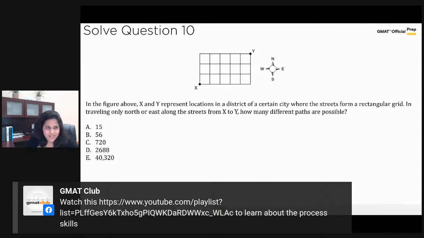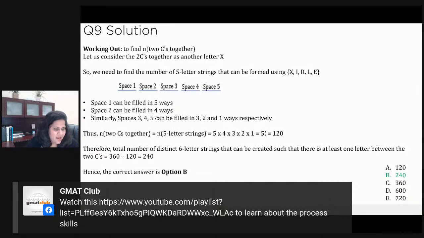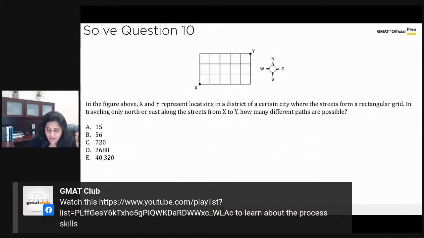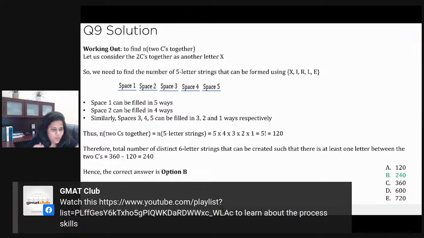I know we are way over the time limit, but I can see that all of you are fairly into the session, and let me hear from you a little bit as we are going into the difficult questions. The question that you've been solving, the circle question, is a difficult question as well. These are all from the Official Guide Advanced book. But where do you think you are at right now?